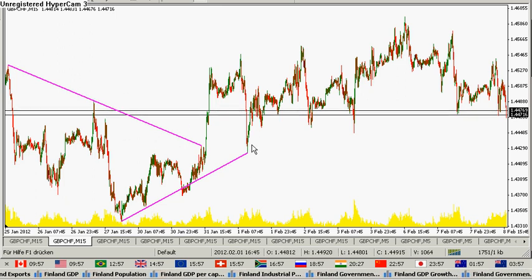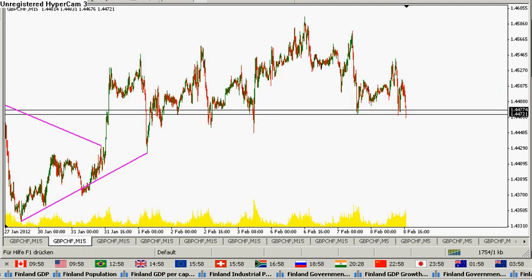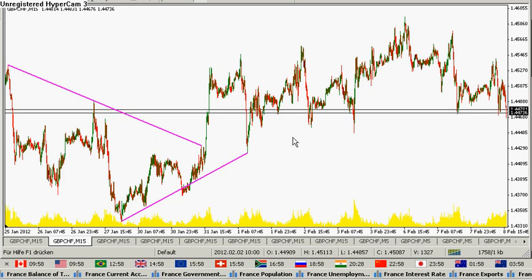This triangle roundabout here, prices roundabout 144, a little bit above, and we are here at roundabout 144.70. So perhaps is there any downside risk, but I don't want to go too fast, too furious.